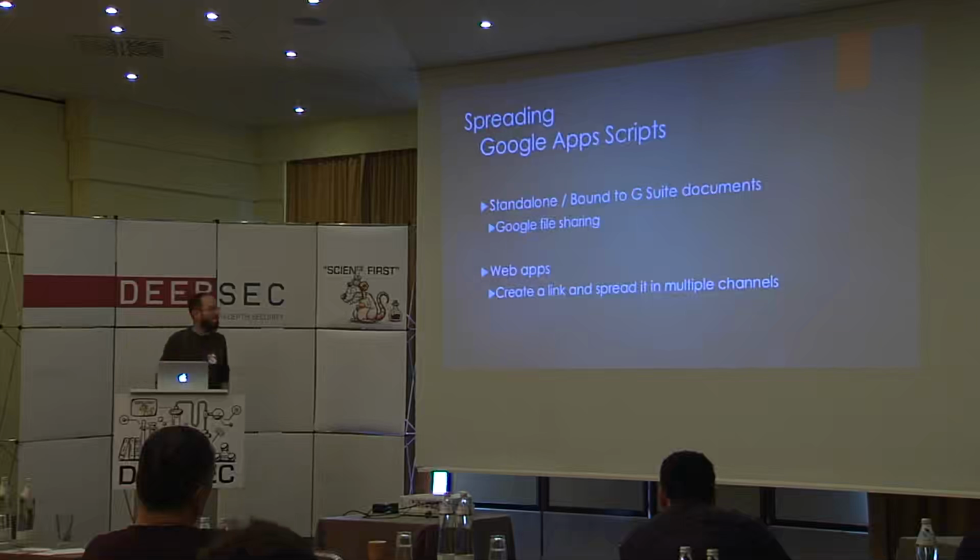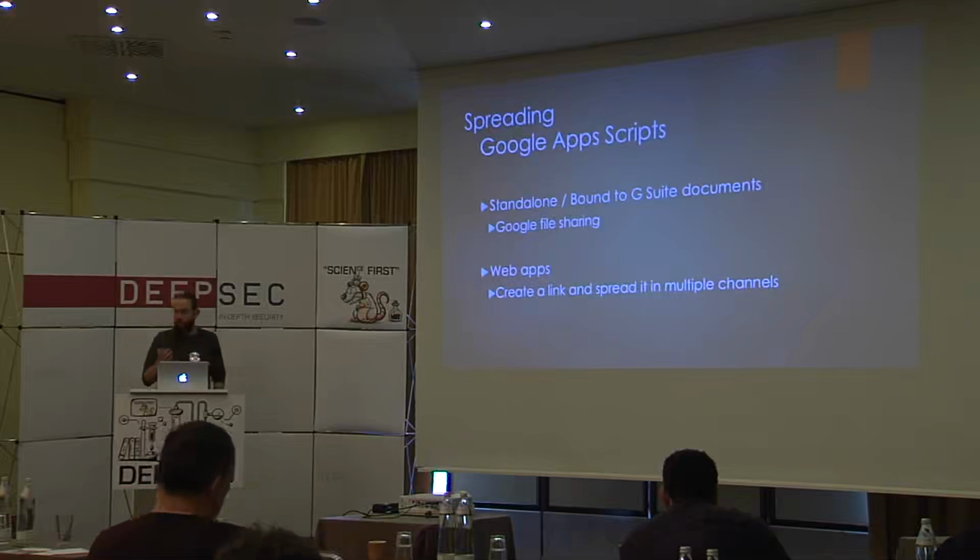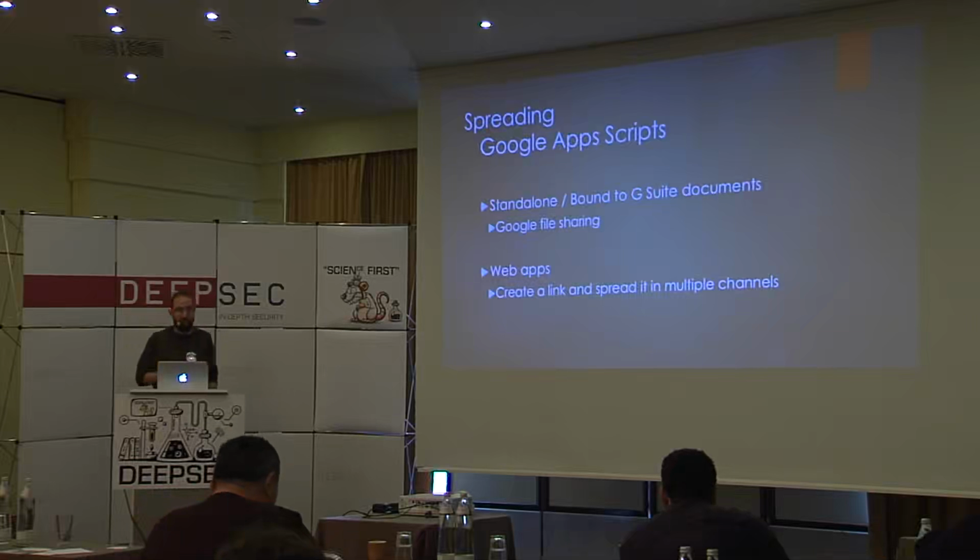Really easy, really straightforward, nothing too sophisticated. To share a bound script, it's the same. I can share the document, and if the document contains a script, you can imagine what will happen.